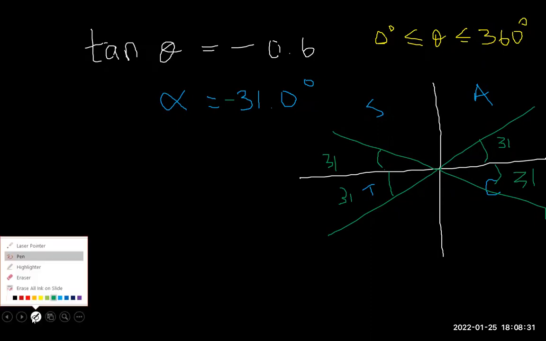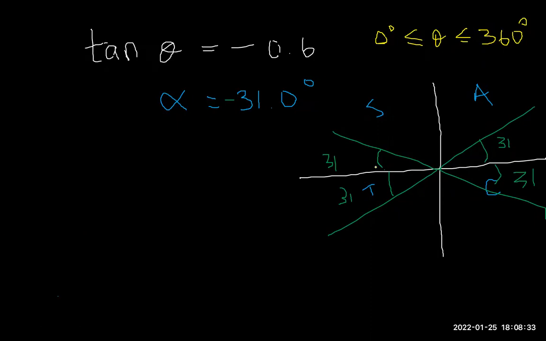Actually, those two angles that are below the x-axis, those are actually negative. You might be wondering why.